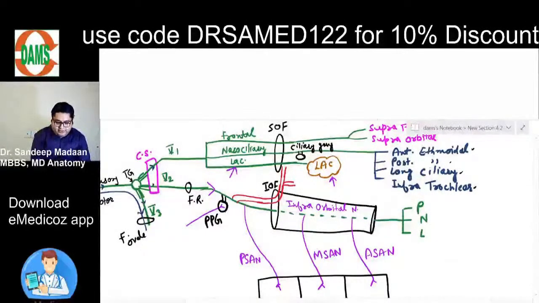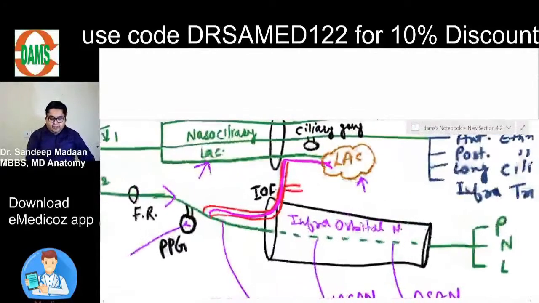Okay, so this nerve is the zygomatic nerve, which will keep on giving this branch to the lacrimal nerve and finally reach the lacrimal gland. Yes, so this is how it happens. Now let me show you in the diagram all the branches that we have discussed till now.